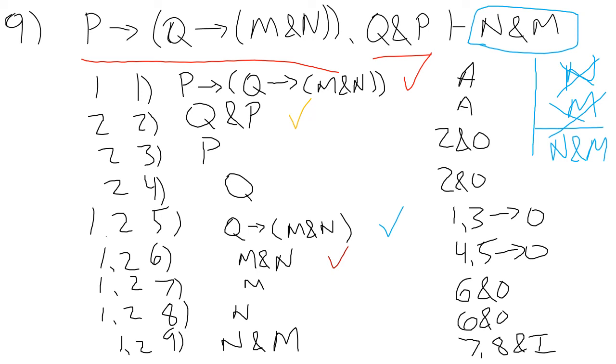Is it always necessary to do those lines? No. Is it always going to be possible to do it? No. But when you're stuck, you should be asking yourself, which line have I not used a rule on? Is it possible to use the rule on it? Can I construct what I need?